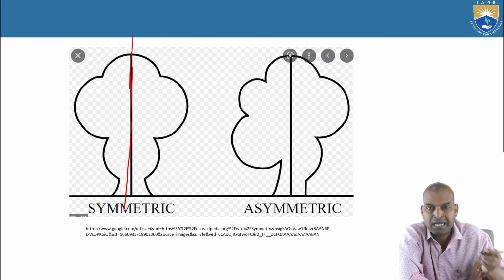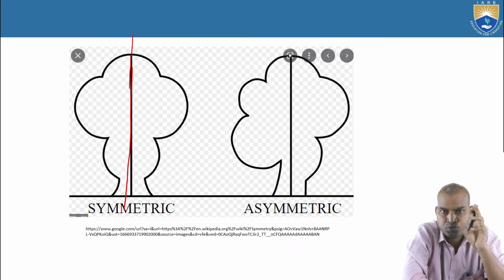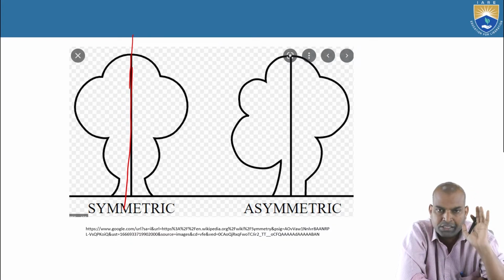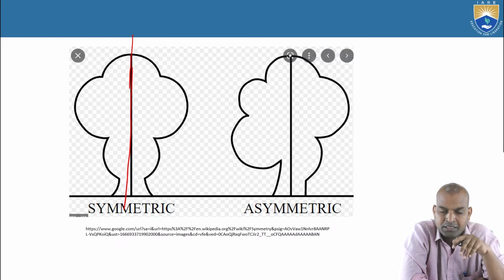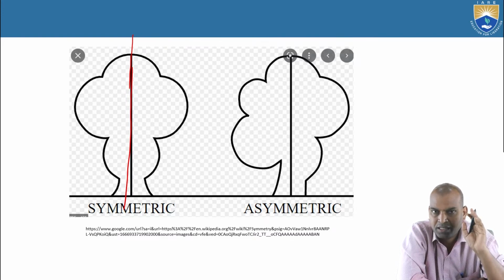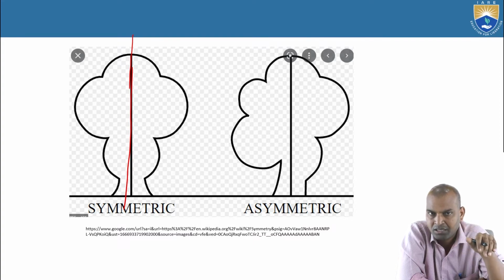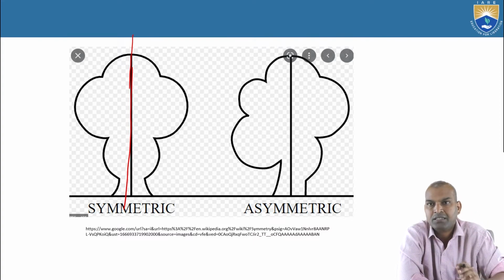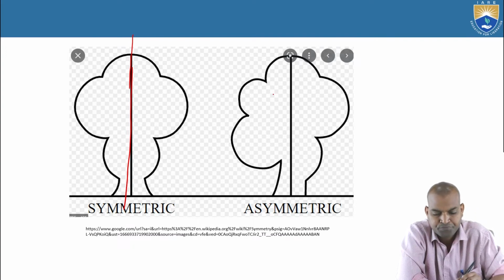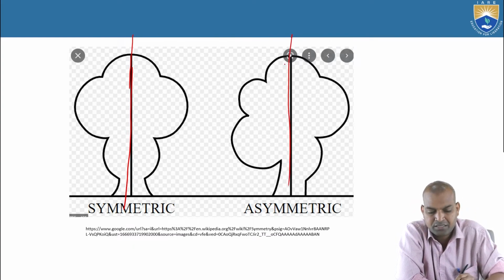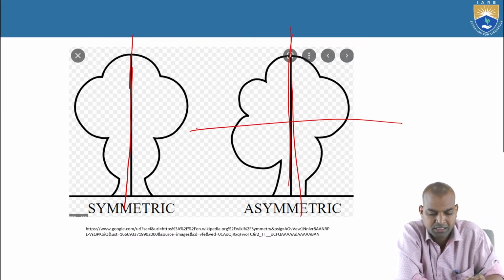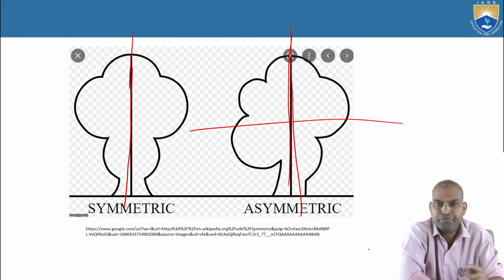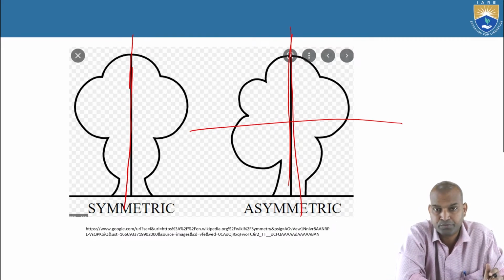At least one line of symmetry is known as a symmetrical section. And if it is not symmetrical about axis y, neither axis y nor axis x, then it is known as an asymmetrical section. In this figure, it is asymmetric about axis y and also axis x.